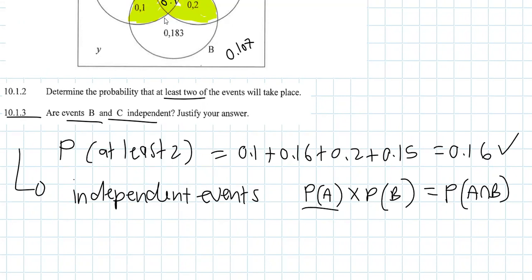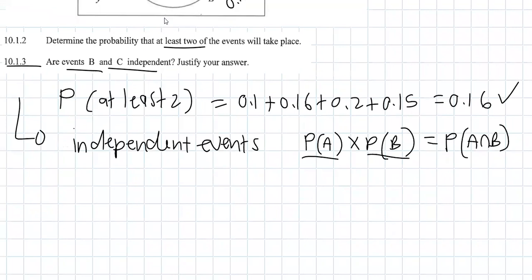So it doesn't matter if A happens first or if B happens first. Any of them can happen first. It's not a conditional probability. Okay, so we know this.